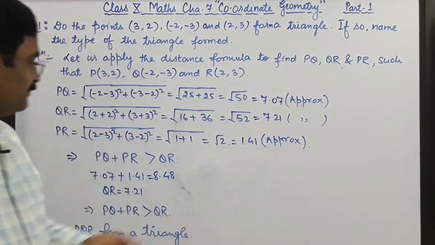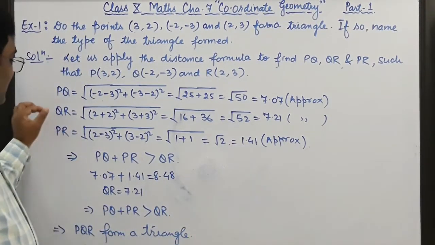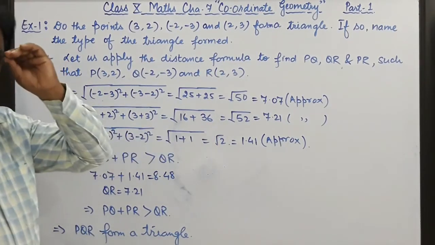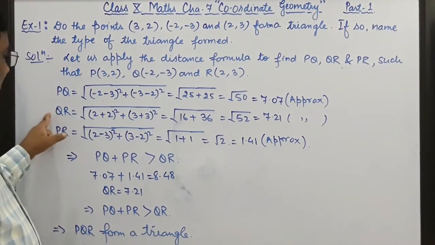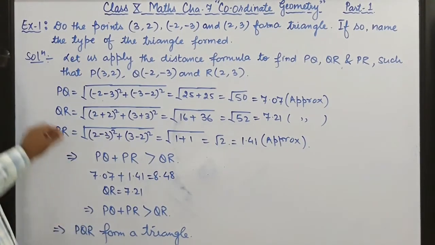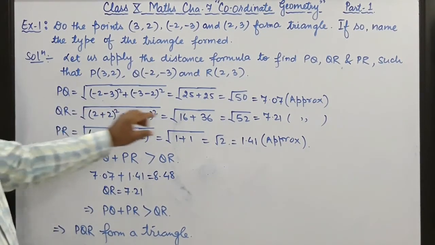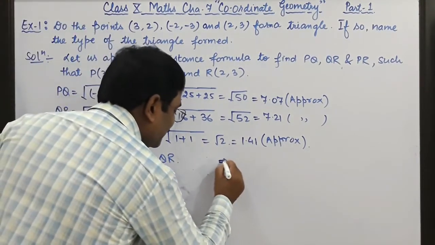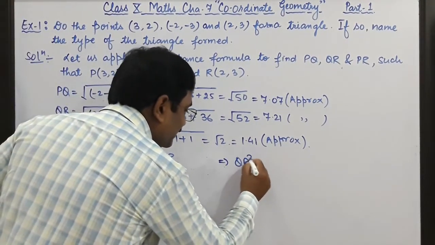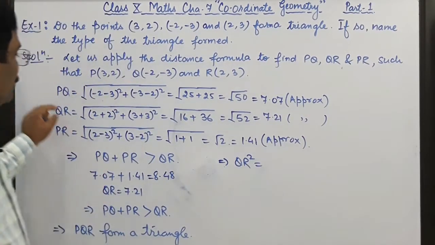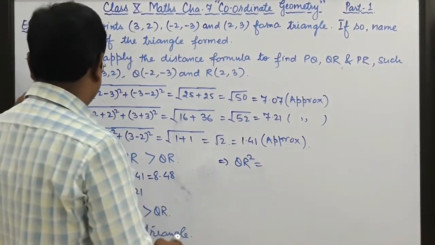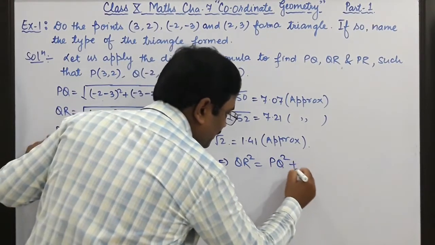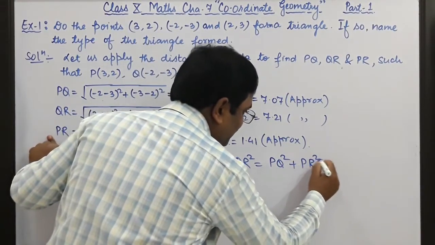So let us see, the largest side of this triangle QR is under root 52. So here we are observing that QR square equals PQ square plus PR square. Just see, is it following?